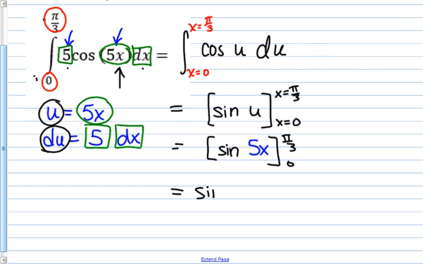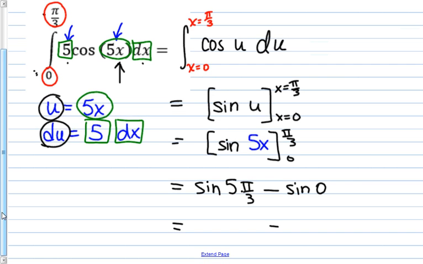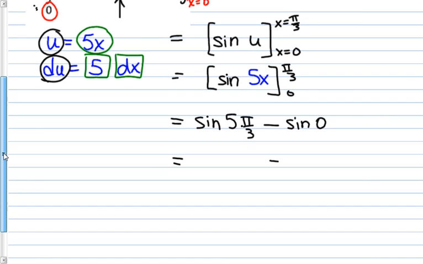So sine 5, and then pi over 3, and then minus sine 5 times 0. So the sine 5 times 0 is just 0, so I'm just going to write 0. Okay, unit circle time. So 5 pi over 3.